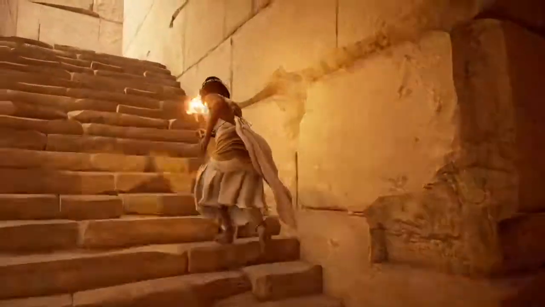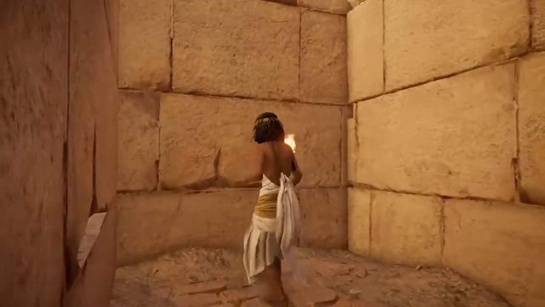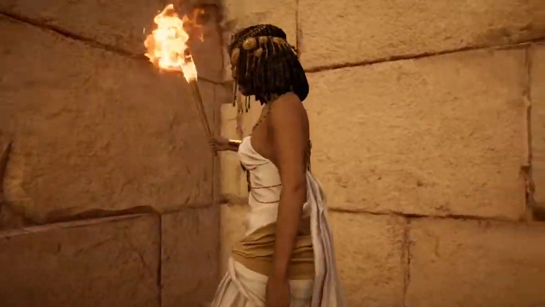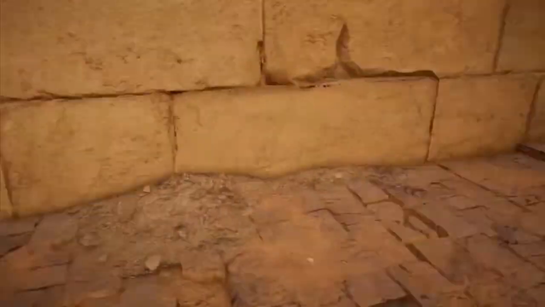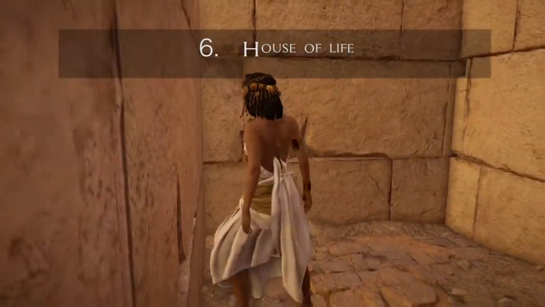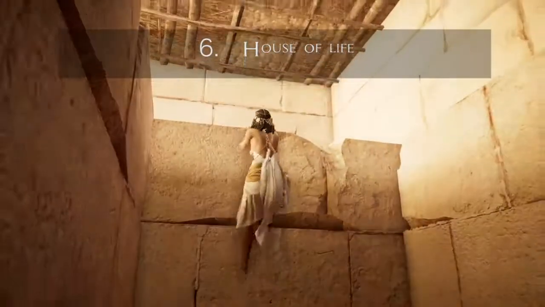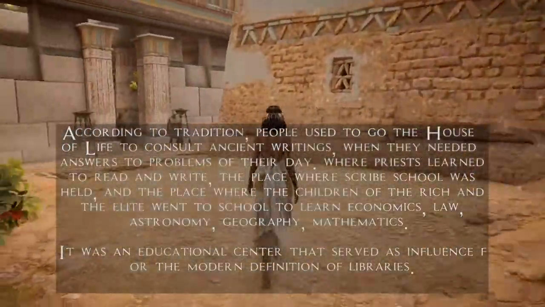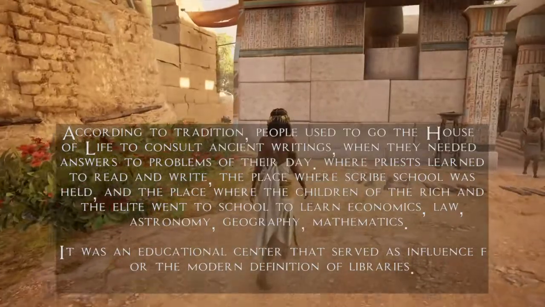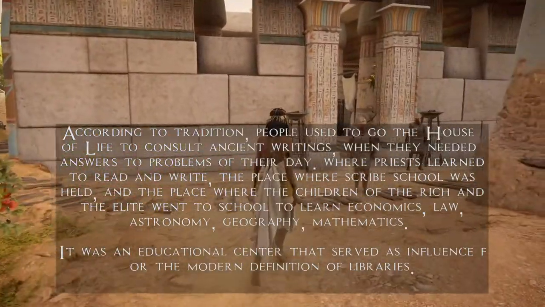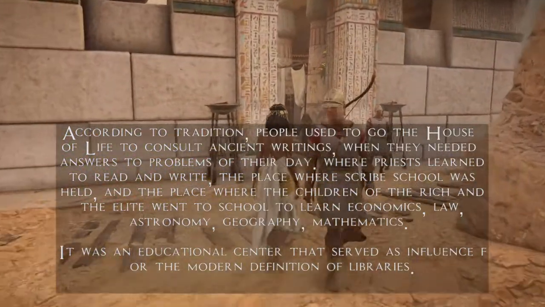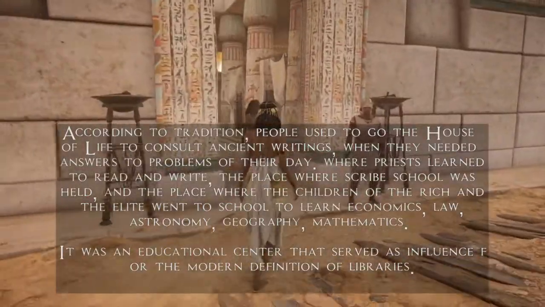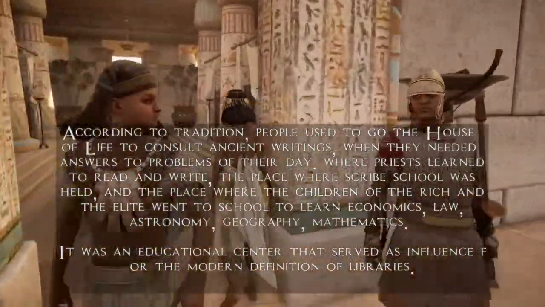In addition to these rooms on the temple complexes and the other underground chambers, other buildings like the House of Life were established. According to tradition, people used to go to the House of Life to consult ancient writings when they needed answers to problems of their day.